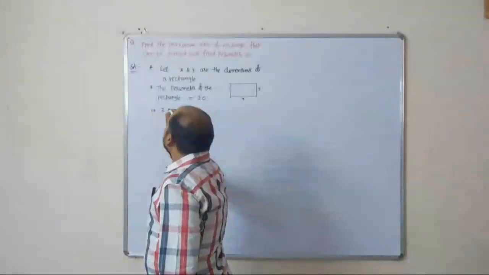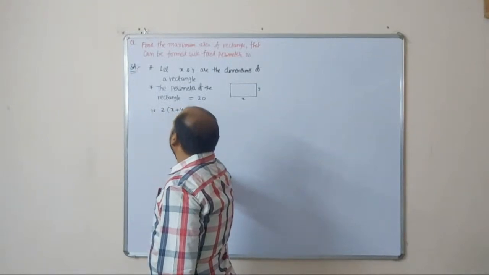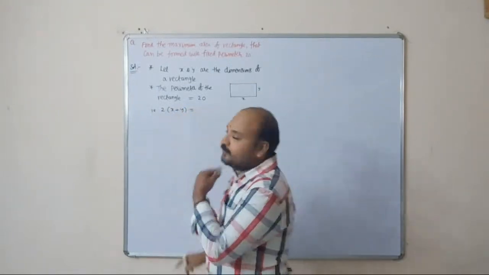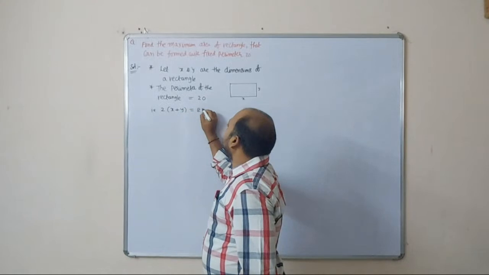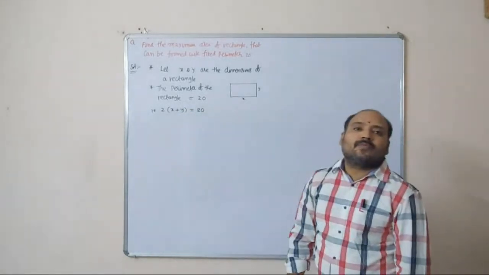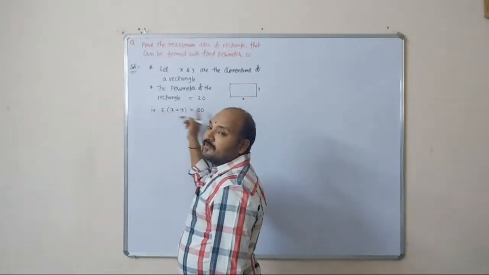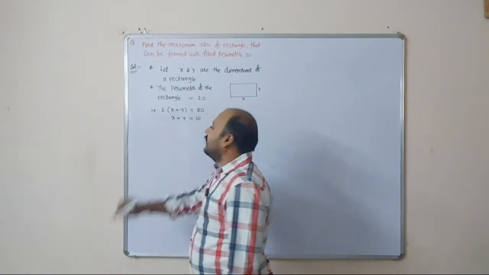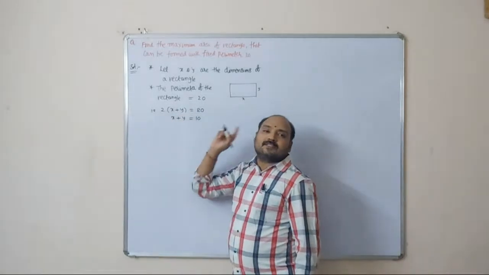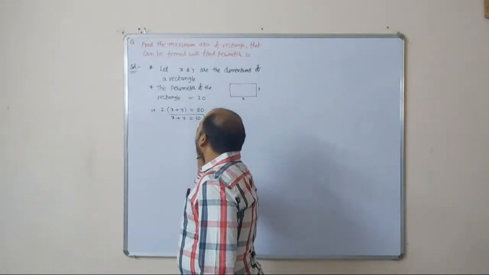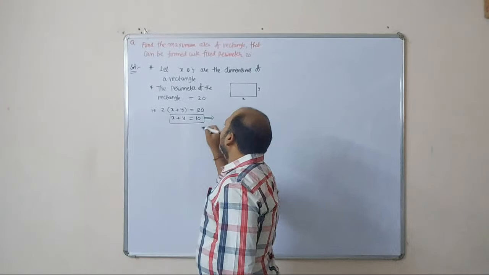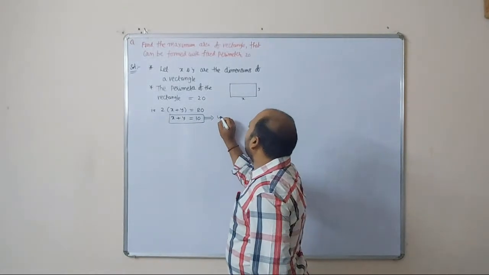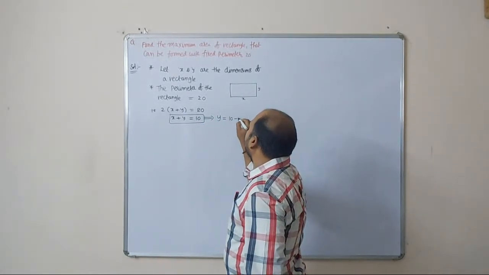So that is 2 times of x plus y is equal to 20. Both sides divide by 2, it becomes x plus y is equal to 10. After getting this situation, we have to write y in terms of x, dear students. Y is equal to 10 minus x.